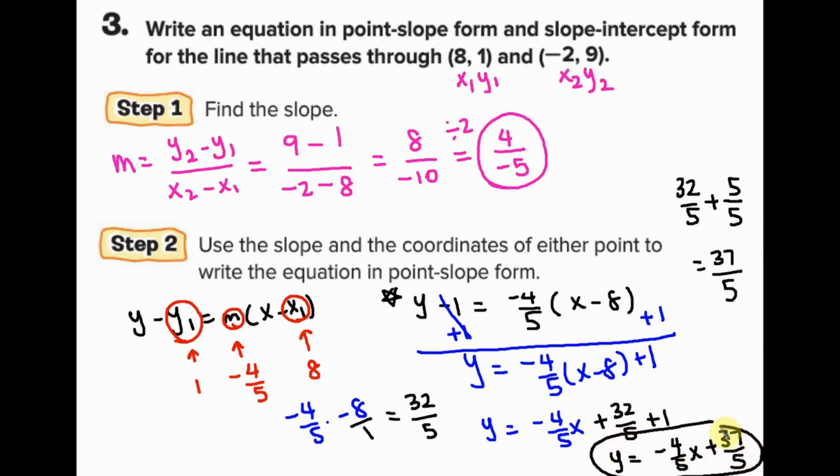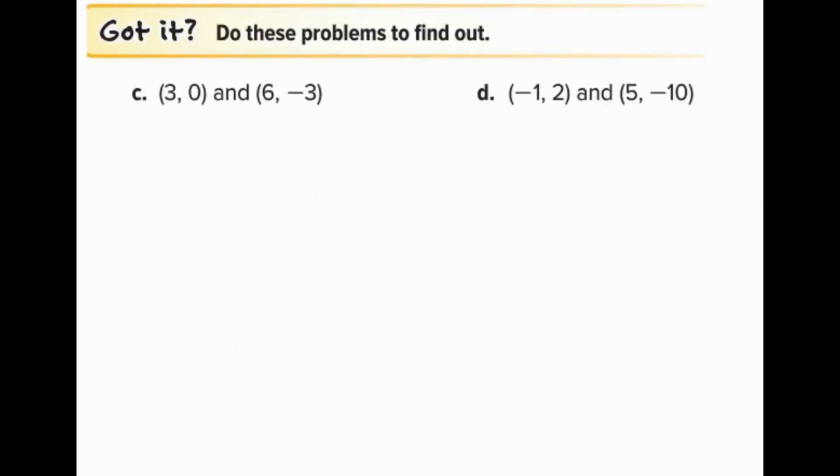Continuing from number 3, write an equation in point-slope form and slope-intercept form for the line that passes through (3, 0) and (6, negative 3). Again, both point-slope form and slope-intercept form need a slope. In this case, you have to find the slope using y2 minus y1 over x2 minus x1.